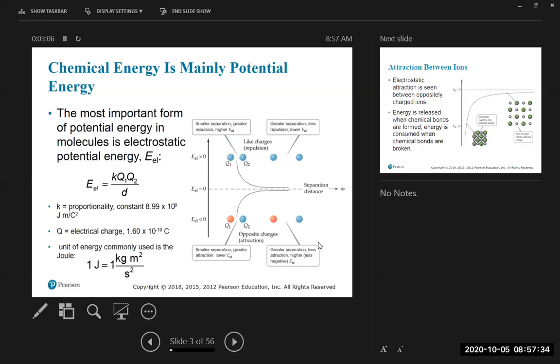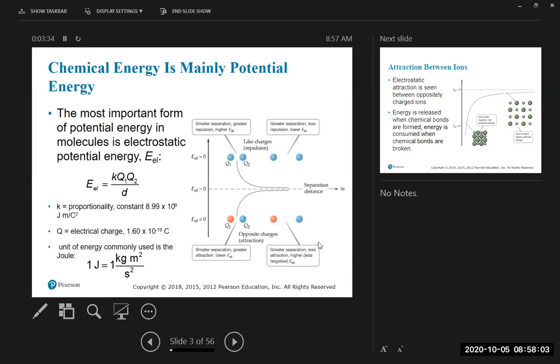And so with molecules, there's something called electrostatic potential energy. And this is the equation that describes that, where capital E with a little el stands for electrostatic potential energy. The K is a proportionality constant. And there's the value of that, 8.99 times 10 to the 9th.